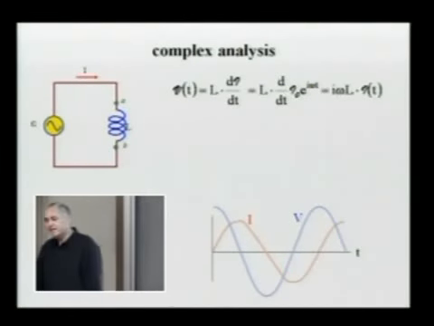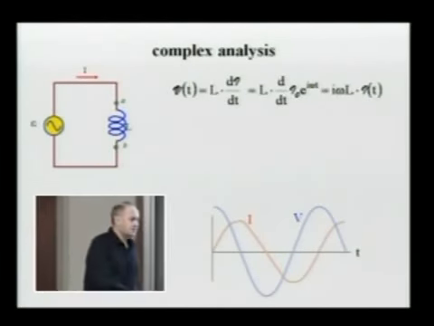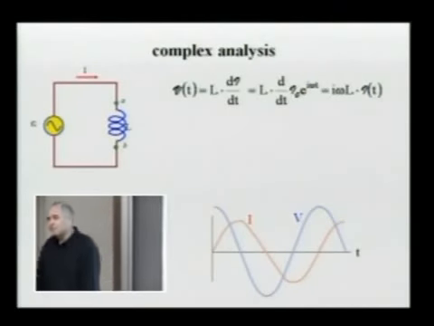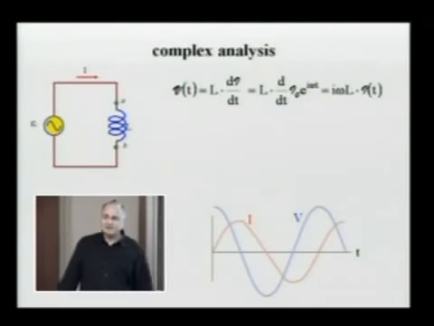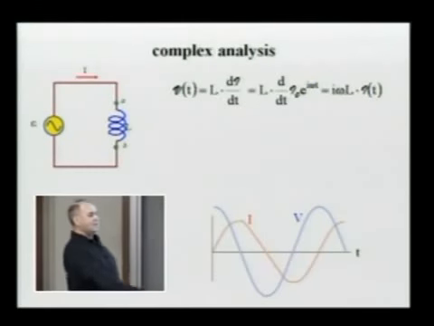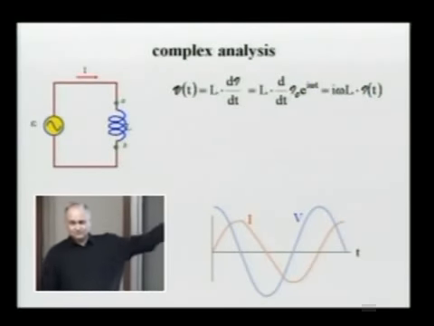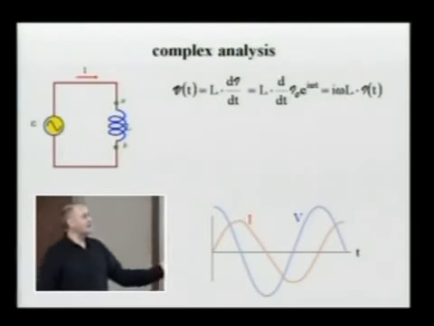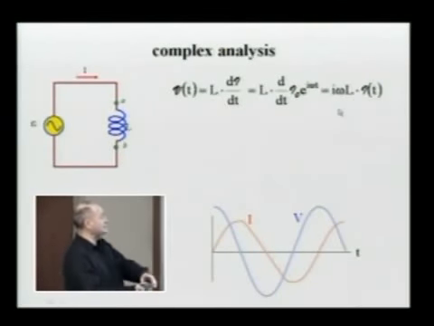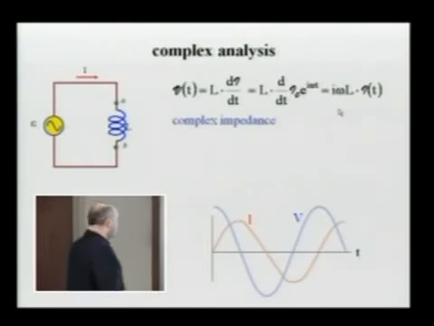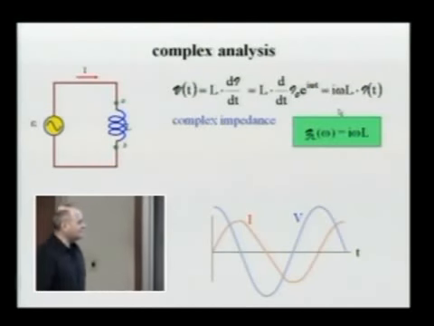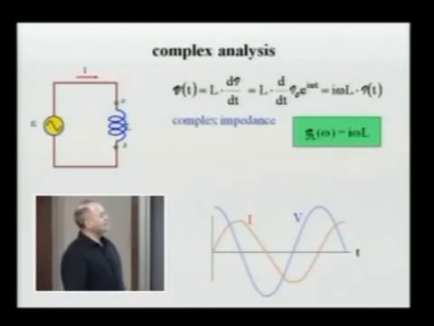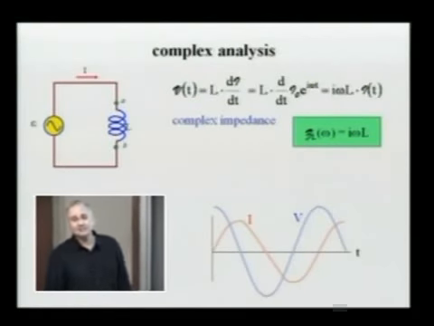Impedance. What relates current with voltage? Nothing. Good. What relates complex voltage with complex current? Complex impedance. Correct. All right. So the proportionality over here, Adam is right, is indeed complex impedance. i omega L is the complex impedance of the inductor.